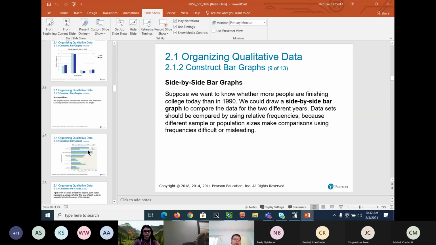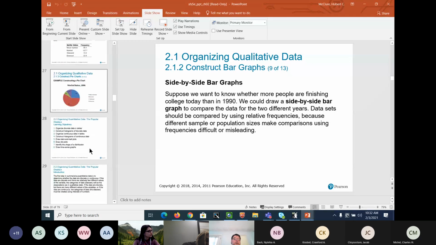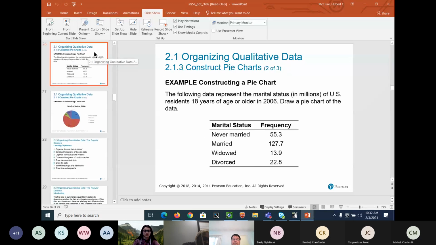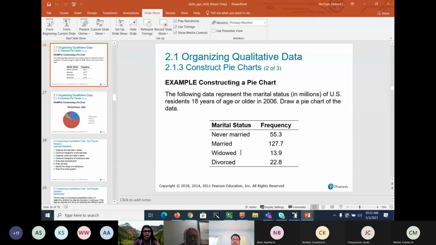Pie charts, where are we? Here we are. And there is the data. And you've got to be able to find the total, because percentages, the relative frequency, is what's on a pie chart. So you're going to have to add all these up and then divide each one by the total.